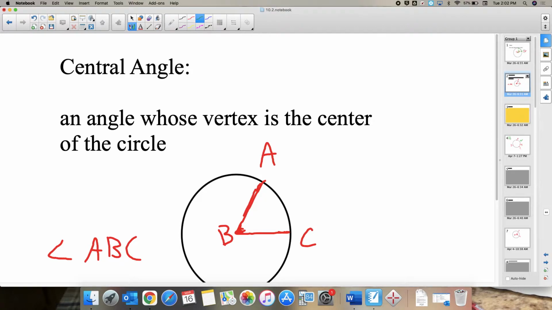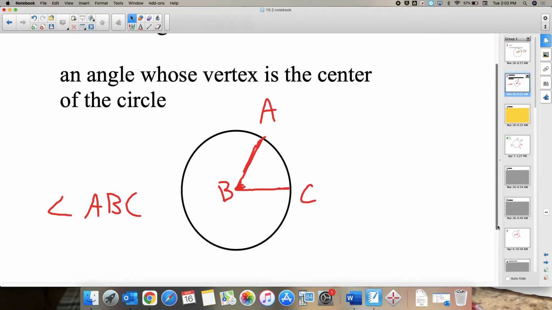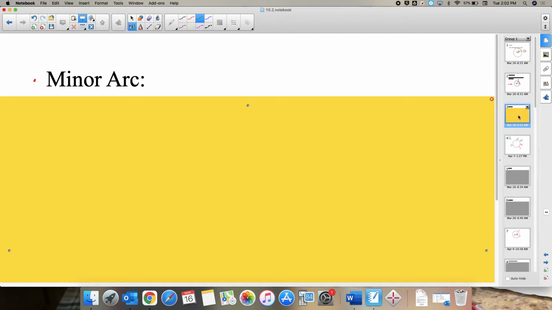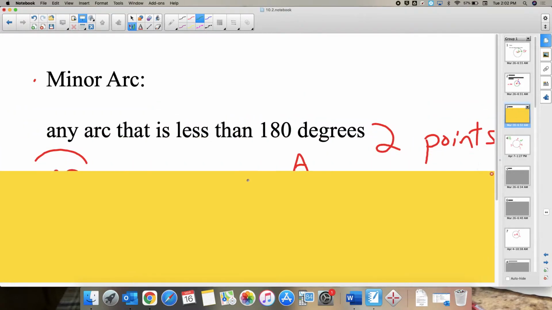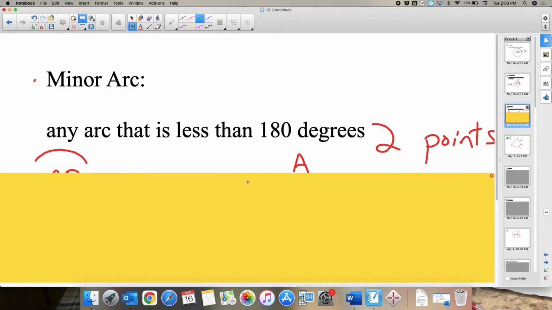When you look at a central angle, it creates two separate pieces of your circle. It creates this piece inside the angle, and it creates this piece that is outside your angle. That piece that is inside your angle will be known as a minor arc, any arc that is less than 180 degrees.